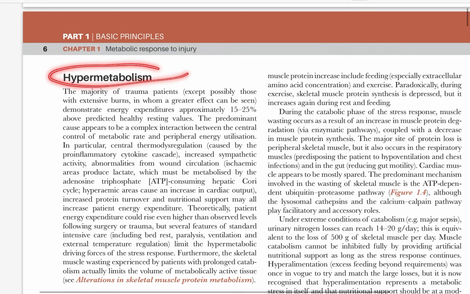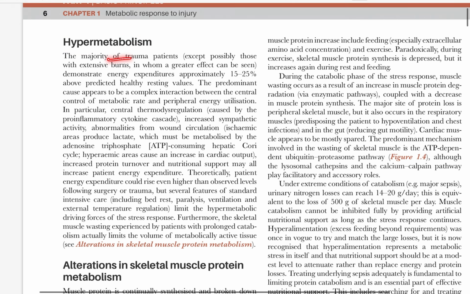Now, the next topic is hypermetabolism. The majority of tissue trauma patients, except possibly those with extensive burns, in whom greater effects can be seen, demonstrate an energy expenditure approximately 15 to 25% above predicted healthy resting values. The predominant cause appears to be a complex interaction between the central control of metabolic rate and peripheral energy utilization.